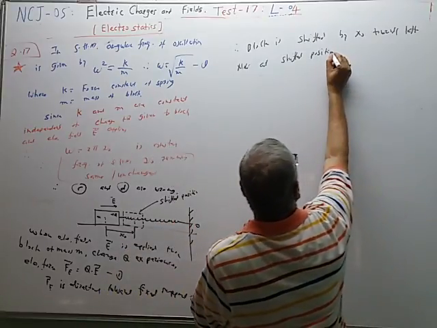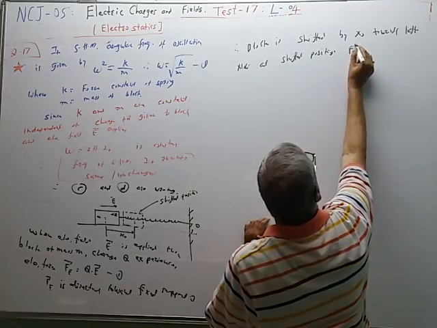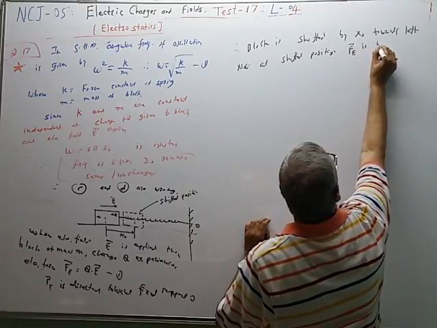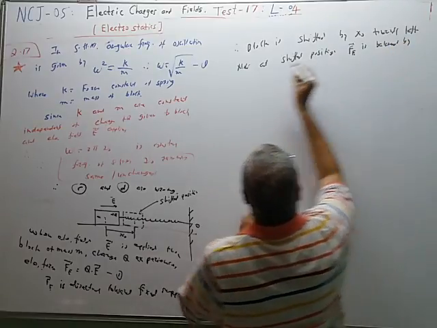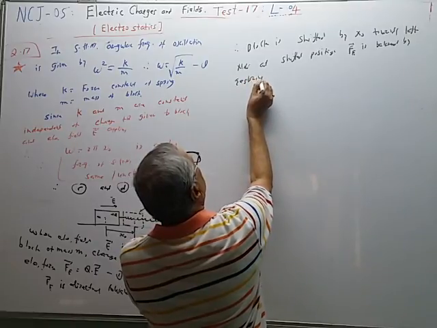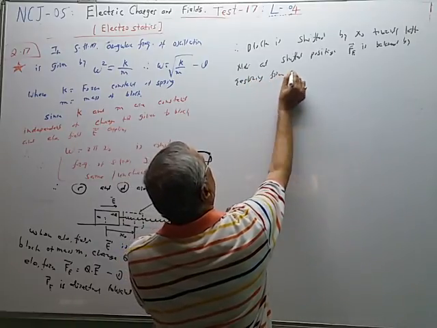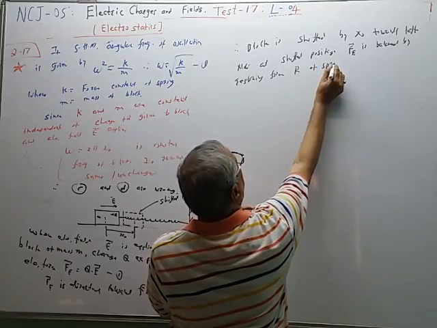At shifted position, Fe is balanced by restoring force R of the spring.